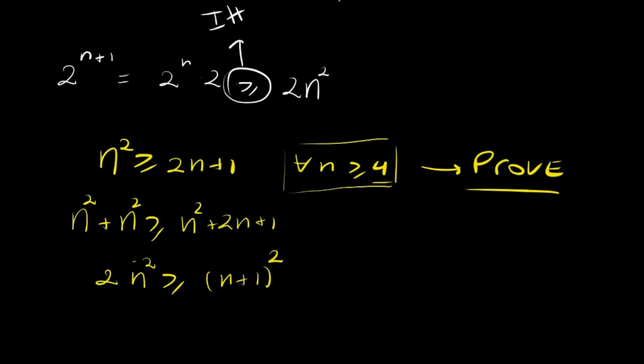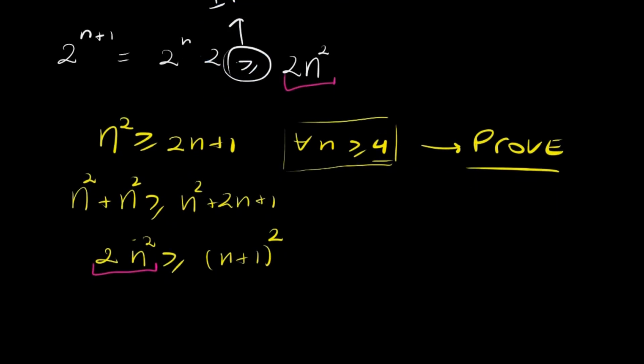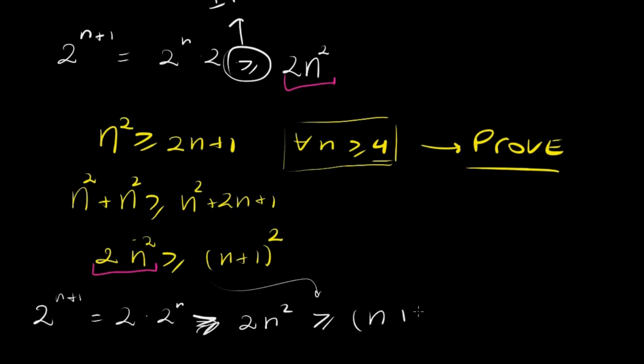So this side is exactly this side. So we have a chain of inequalities that proves exactly what we wanted. We have 2 to the n plus 1 equals 2 times 2 to the n, which is greater than or equal to 2 n squared, and we can use this and say it is greater than or equal to n plus 1 squared, which is what we wanted to prove.